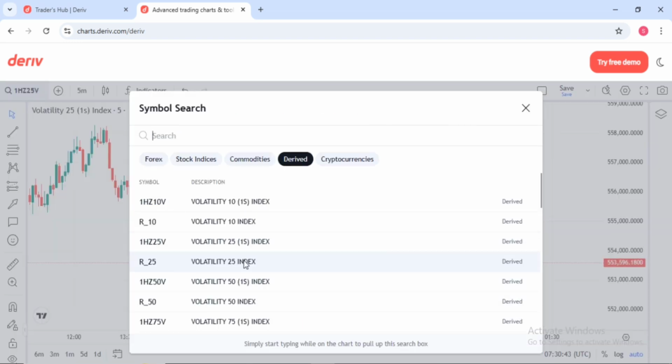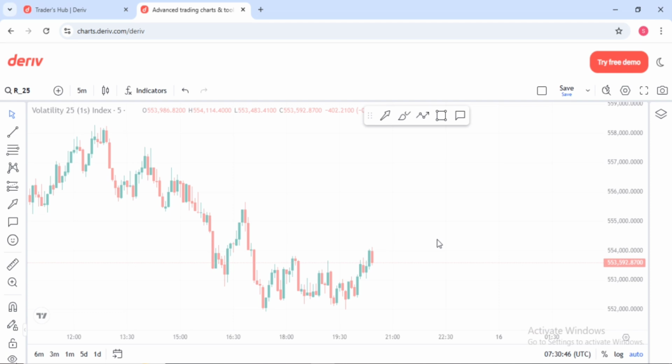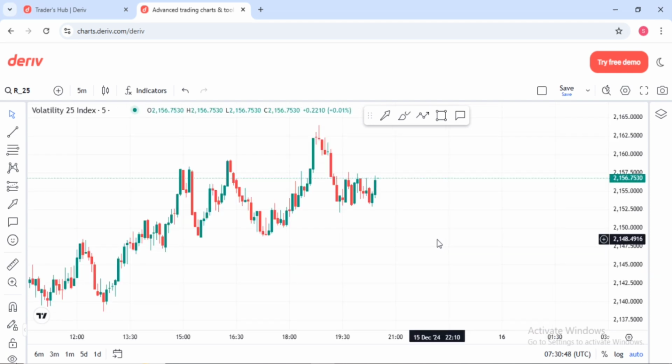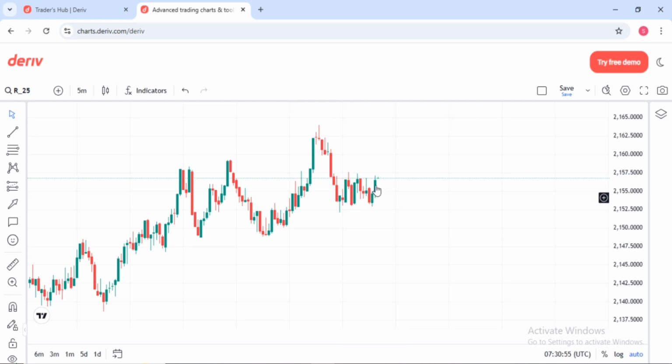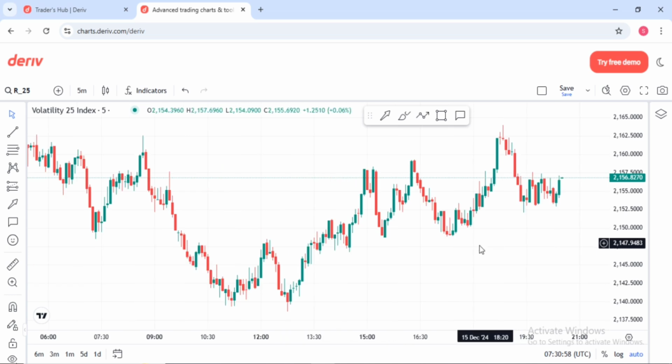That is 25 1S. Let's look at 25. This one is bullish engulfing, but it is formed by two candlesticks here. Okay.